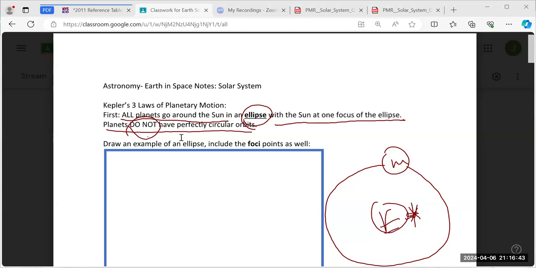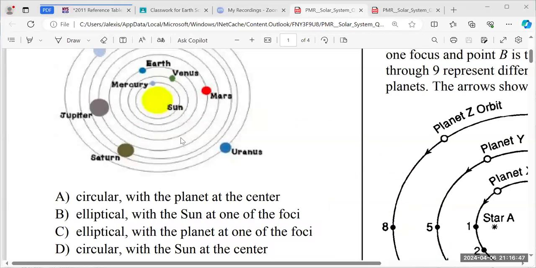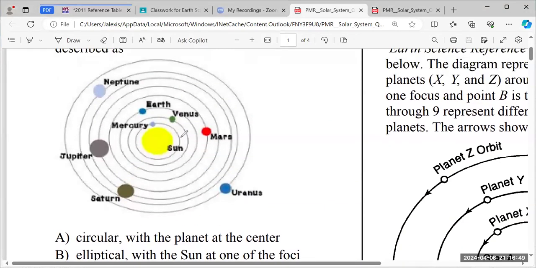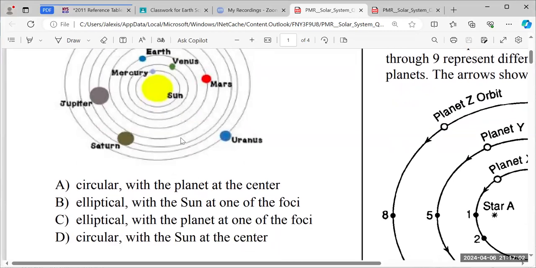In this question, what are all of the planets orbiting? All of the planets here are orbiting the sun. All the planets are revolving around the sun. So that means it has to be an elliptical orbit, so it definitely can't be circular.